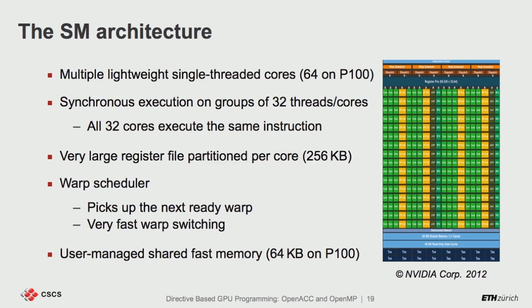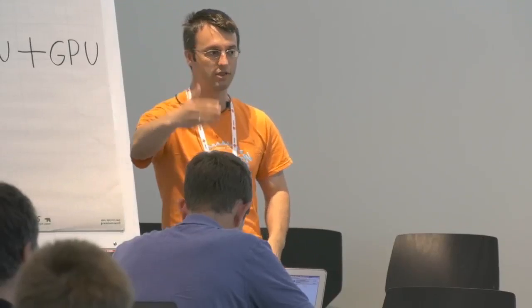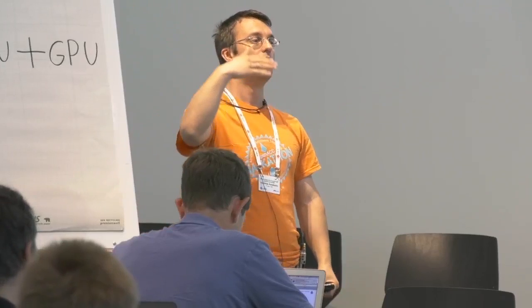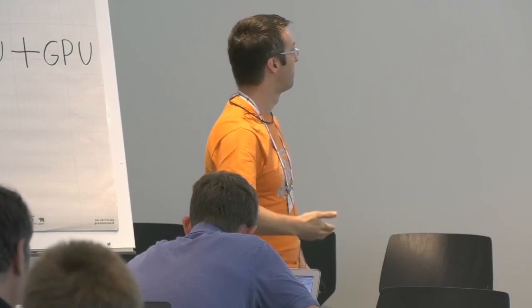They operate in bundles of cores or threads, which we call warps. And each warp consists of 32 threads or cores. This group of 32 cores executes the same instruction at every cycle, and then they proceed in bunches. For example, we have a load here. The first 32 will execute the load, then we will execute the next operation, and so on.